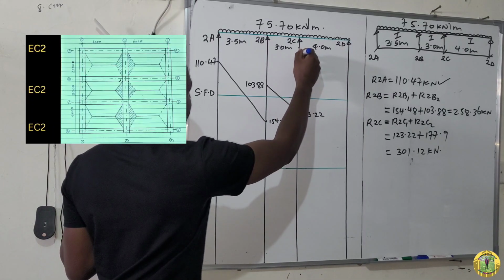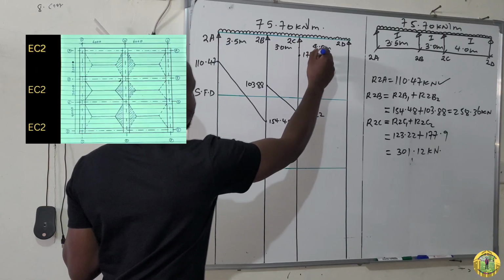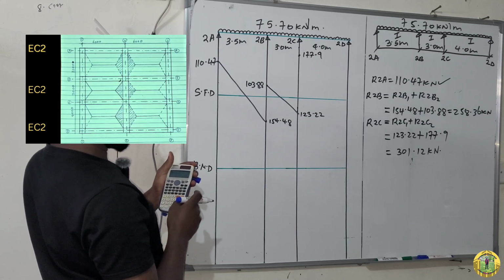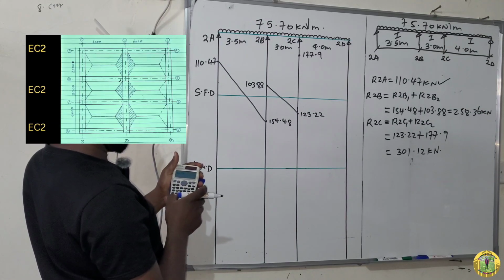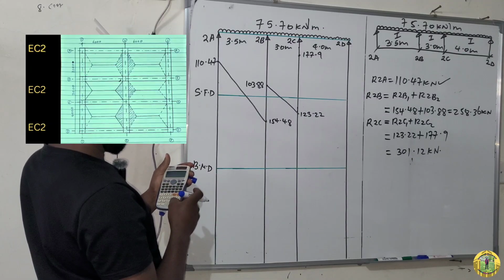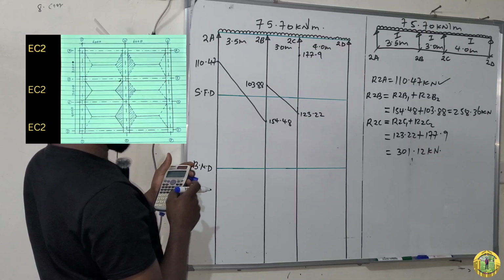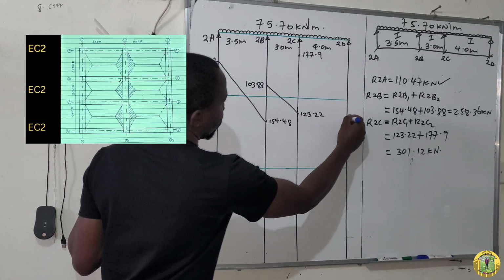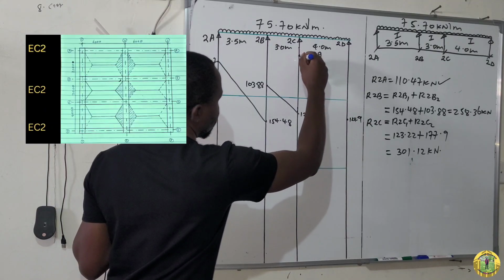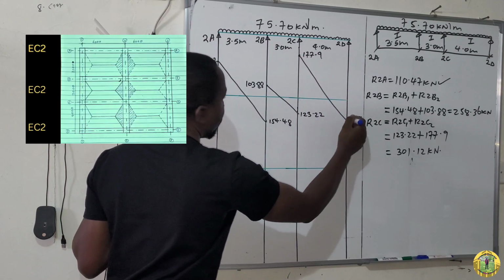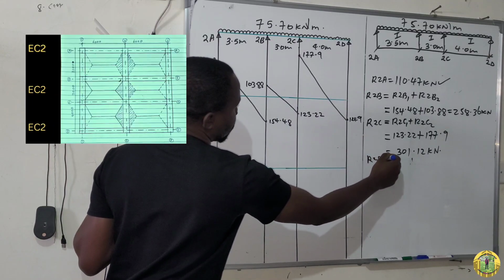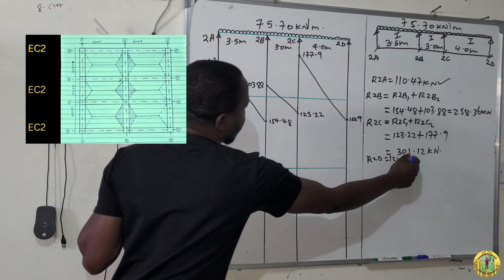177.9, like there. Again minus 75.70 times 4, which gives 124.9. And then you add reaction at D, which is 124.9.